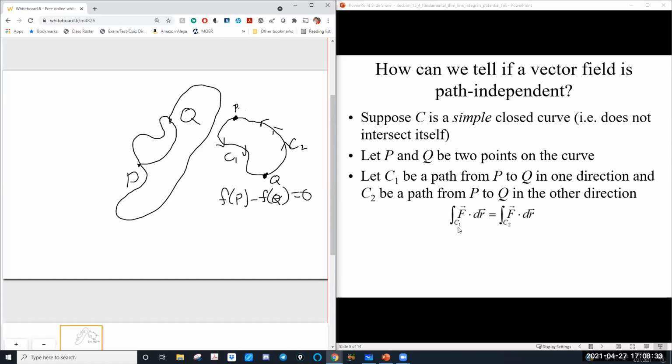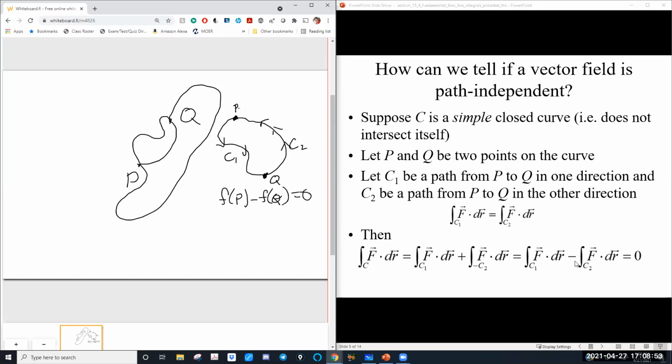Well, then we know that those two are equal because we have a path-independent vector field. So what happens is we can essentially say, all right, I'm going to look at the path from C1 to the opposite path on C2.